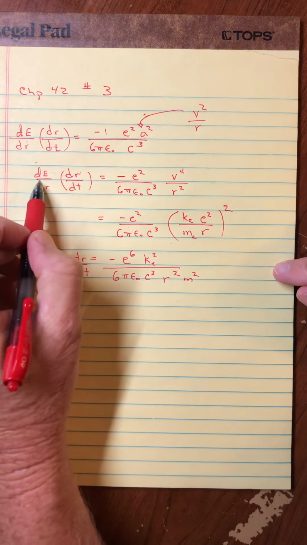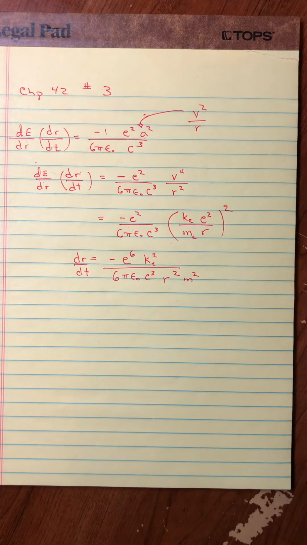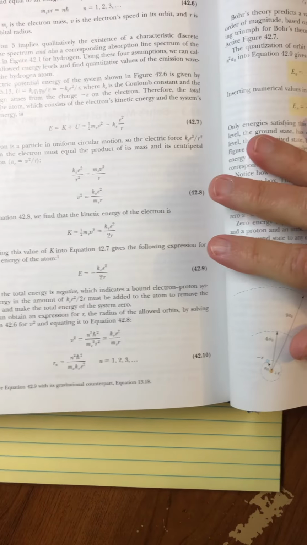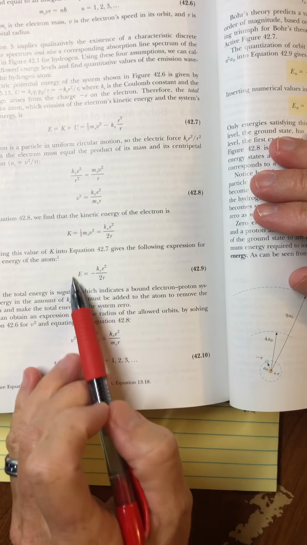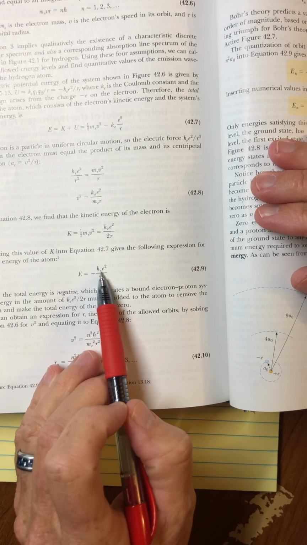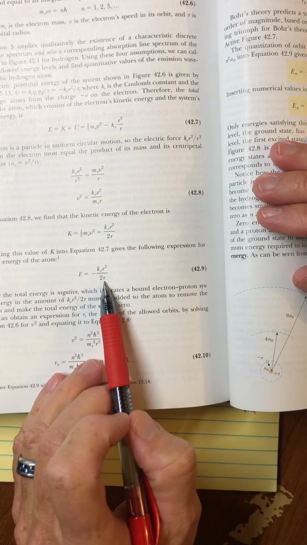Okay. Now, the other thing I want to work with is how does the energy change with radius? And again, maybe without working too hard at it, it's actually the next set of equations. There the author has the total energy. It's a negative, and it's Coulomb's constant, and it's charge squared, and it's over 2r.